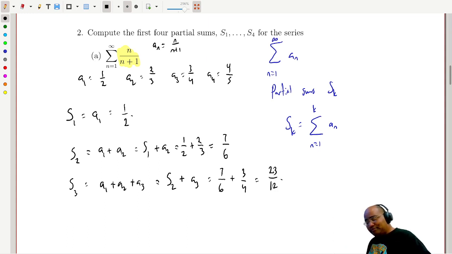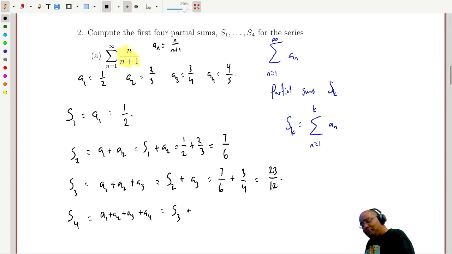And finally S4, I think you can see the pattern here. We add up the first four terms, but that's the same as the third partial sum plus the fourth term. So we have 23 over 12 plus the fourth term, 4 over 5.